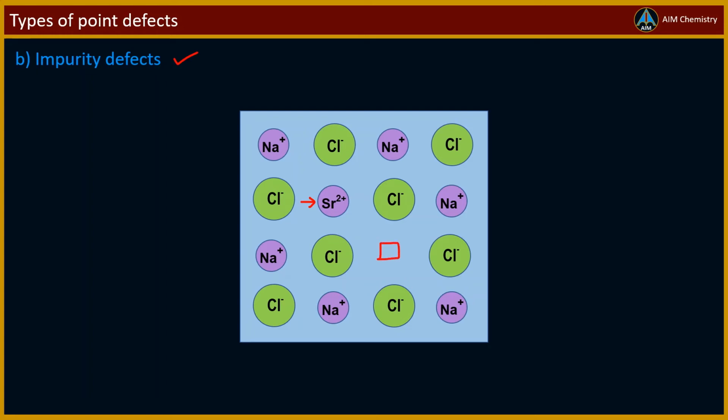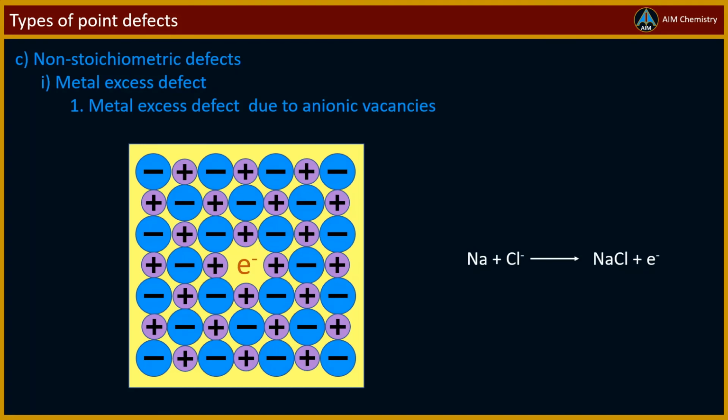Third type of point defect is non-stoichiometric defect. First we will see metal excess defect due to anionic vacancies. When crystals of NaCl are heated in an atmosphere of sodium vapor, the sodium atoms are deposited on the surface of the crystal.